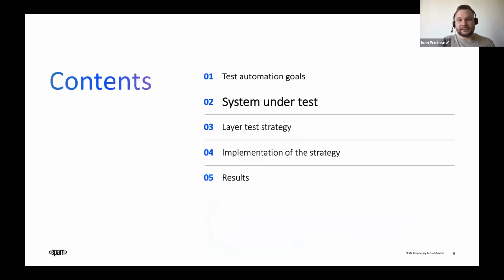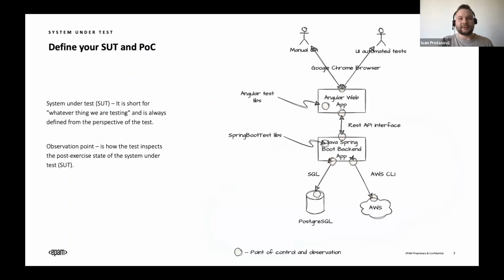The next topic is the system under test, which is the foundation for any test strategy. Simply speaking, the system under test is whatever thing we are testing, and the methods that exercise and inspect our system under test are called points of control and observation, or observation points.